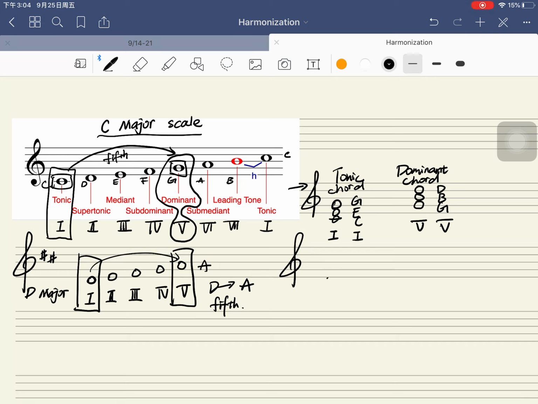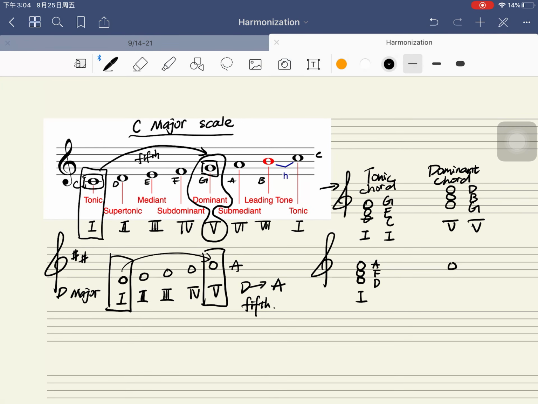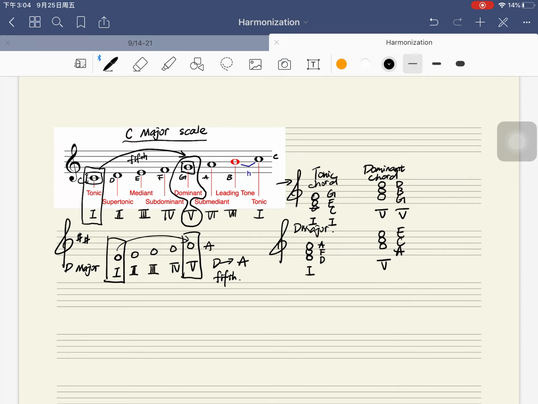Right here, we're starting on D. This is the tonic chord in D. And the dominant starts on G. Sorry, the dominant starts on A, C, E. So this is the dominant chord in D major. Okay, that's how we find the tonic chord and dominant chord.